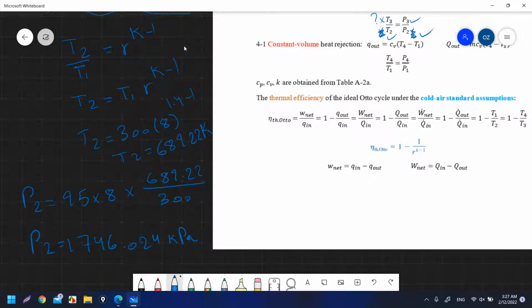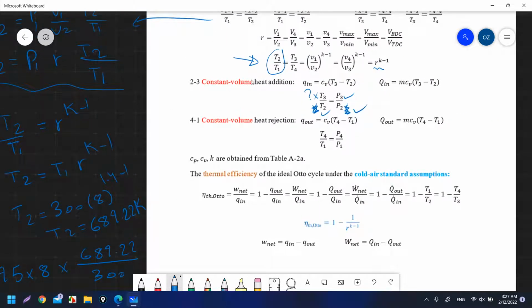Still T3. I can use this equation, but I don't have T4. So how can I find T3? In the previous question with variable specific heat, we found u2, then used Qin equal to u3 minus u2, and we found u2 from T2.